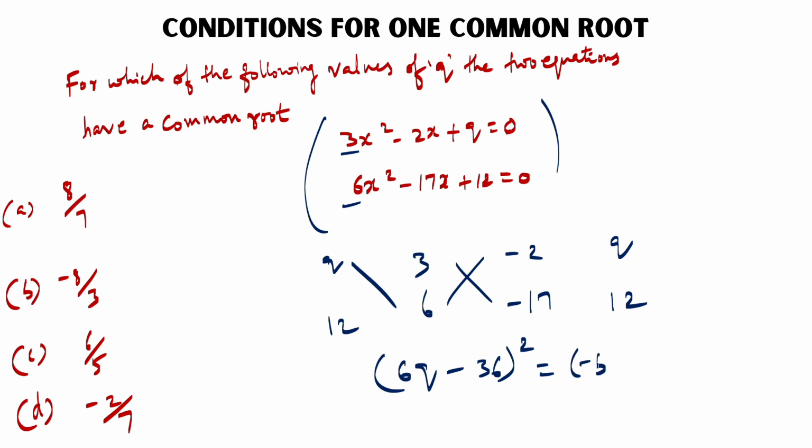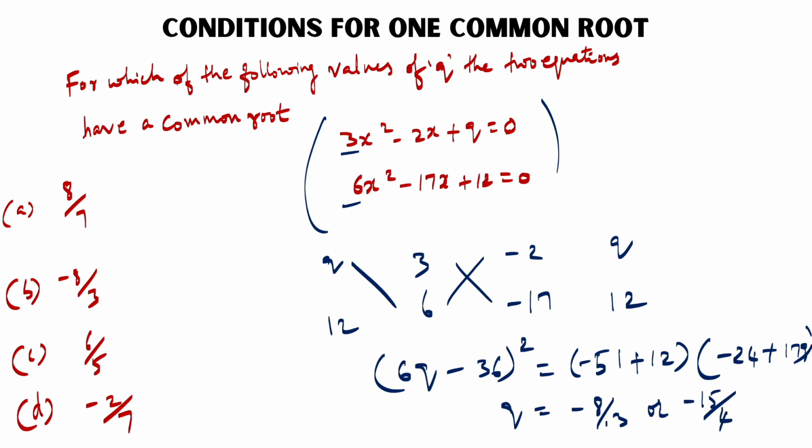This will be minus 51 plus 12, into minus 2 into 12, this will be minus 24, and minus of minus 17 into q, this will be plus 17q. So we'll have two values: q is equal to minus 8 by 3 and q is equal to minus 15 by 4. But our question is, for which of the following values of q do the two equations have a common root? Minus 8 by 3 is there, so option B is the answer.